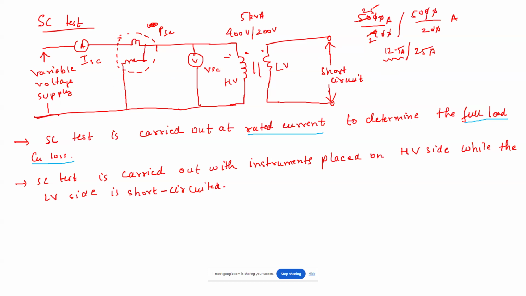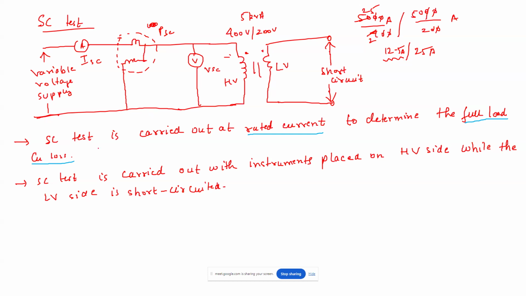Remember that not all voltage supplies can give you 25 or 30 ampere; otherwise the fuses will blow off, the MCB will open in the home, and so on. There are various protective circuits, right? So it is easier to arrange a low rating current voltage source. That is why the short circuit test is done on the high voltage side.